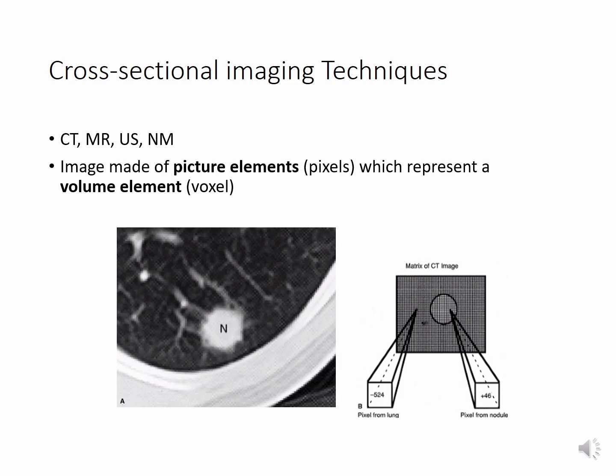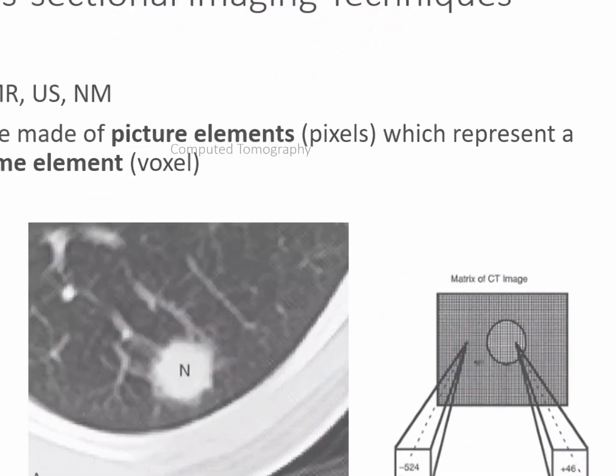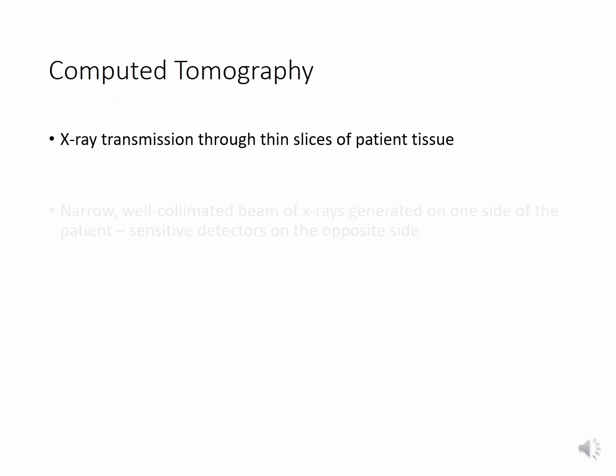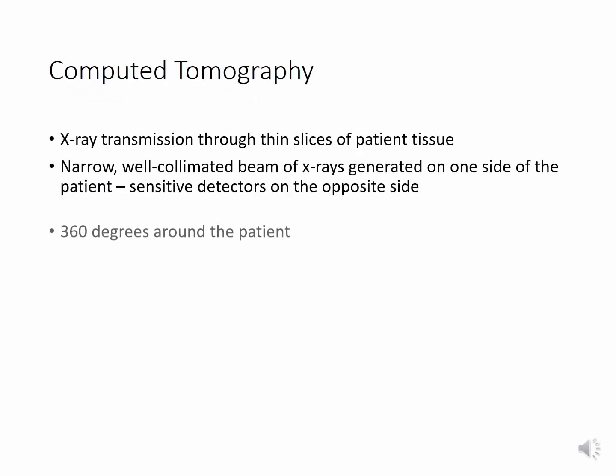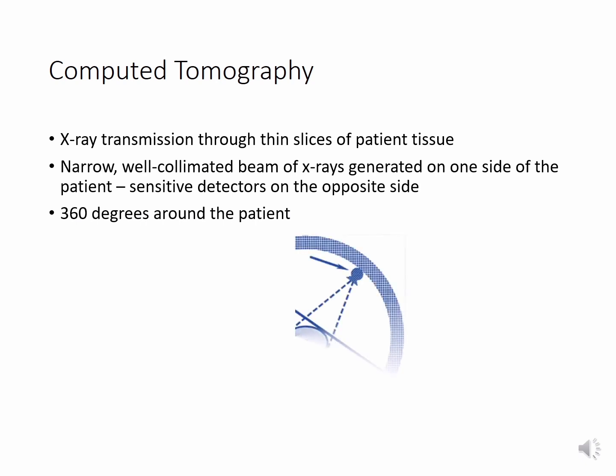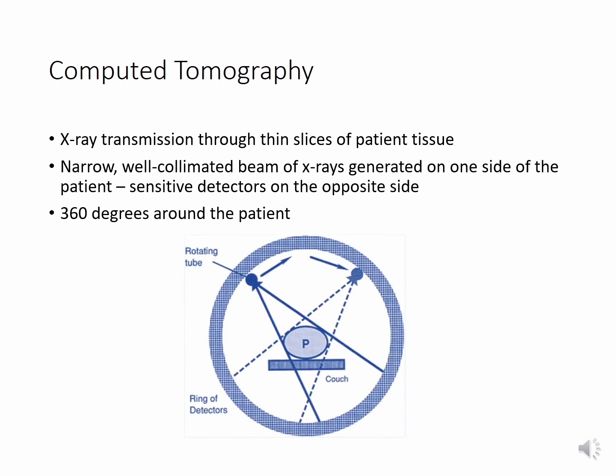CT and MR assign a numerical value to each picture element in the matrix, wherein to produce an anatomic image, shades of gray are assigned to ranges of pixel values. So this is a diagram of a CT scanner. The patient is placed on an examination couch within the core of the CT unit, with an X-ray tube that rotates 360 degrees around the patient, producing pulses of radiation that pass through the patient.